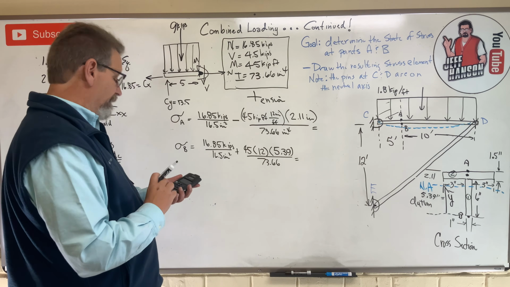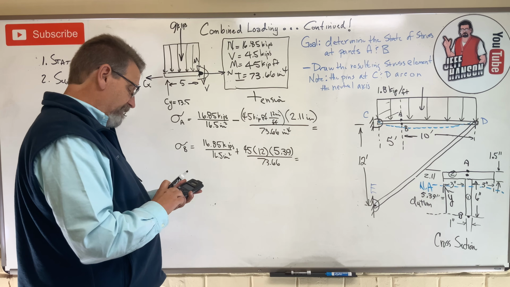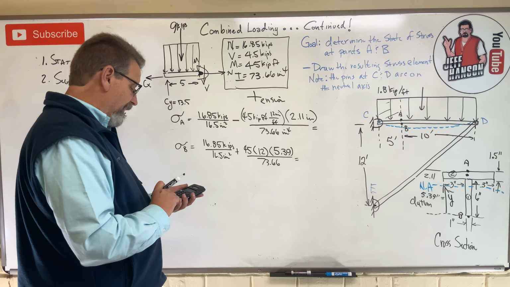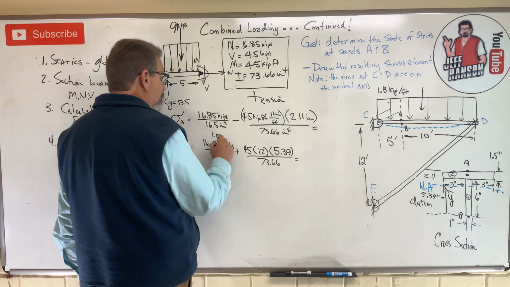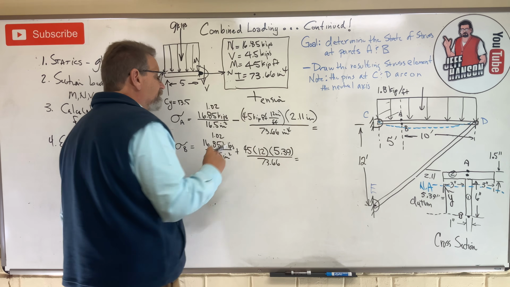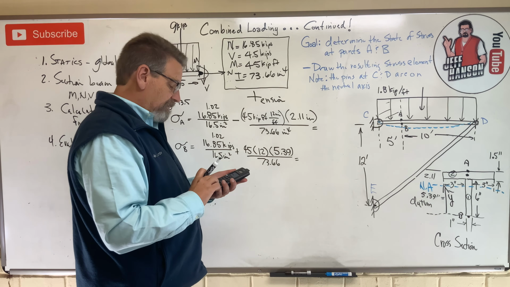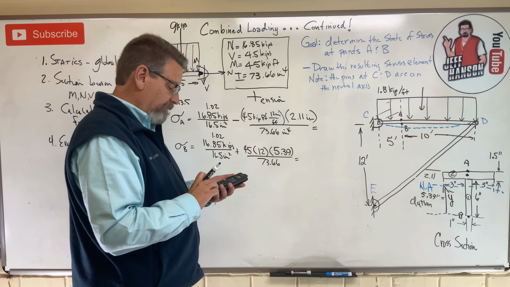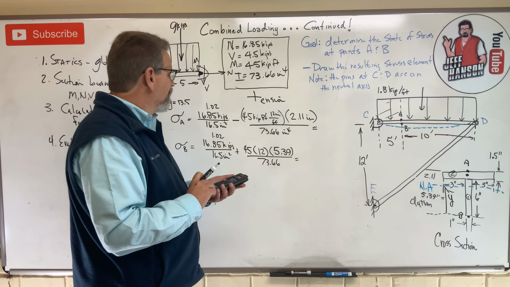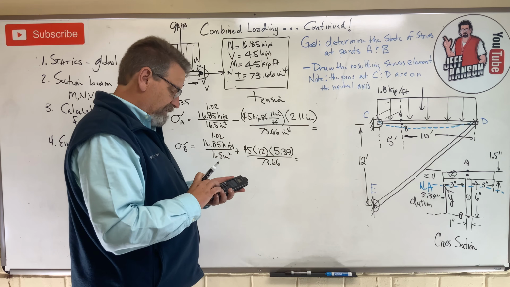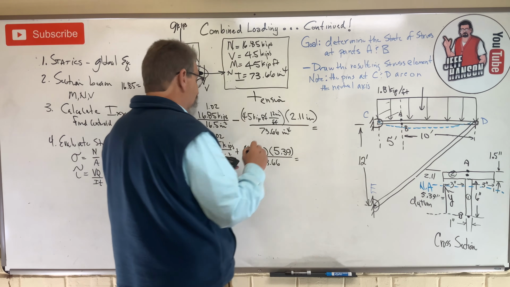Okay, now we need to do is crunch those numbers, and we're there, right? Let's see if we can do that. 16.85 divided by 16.5 is 1.02. So this is 1.02, this is 1.02, okay? And then 45 times 12 times 2.11 equals, divided by 73.66 equals 15.47.